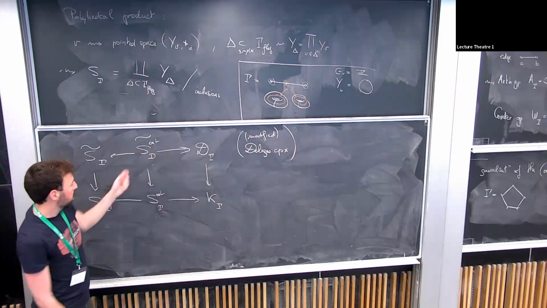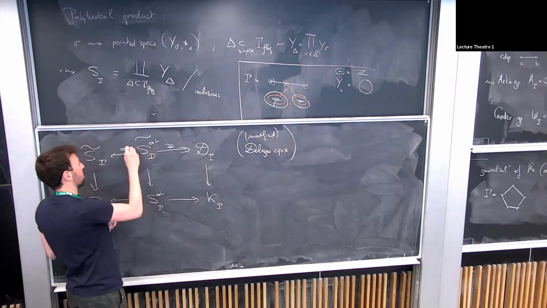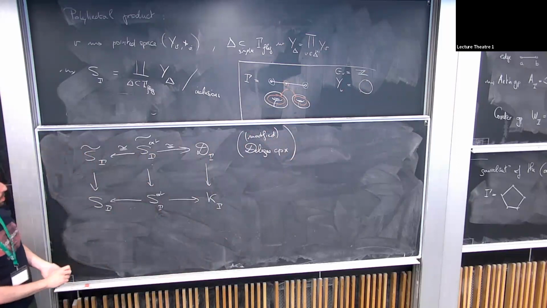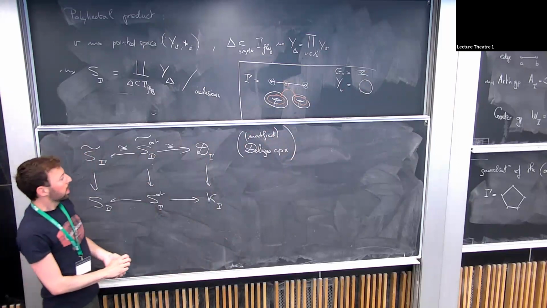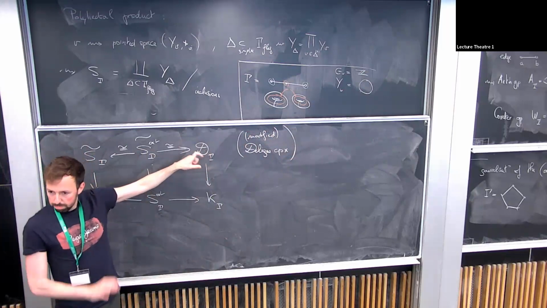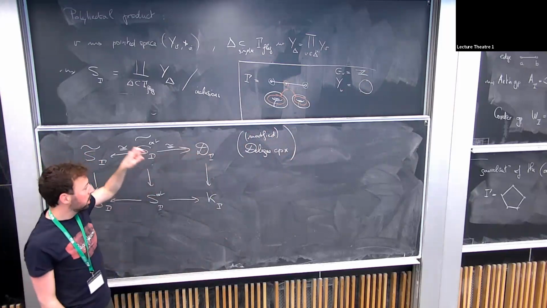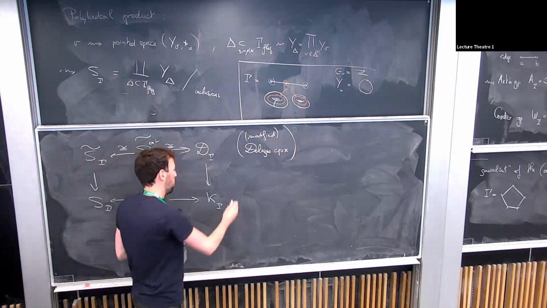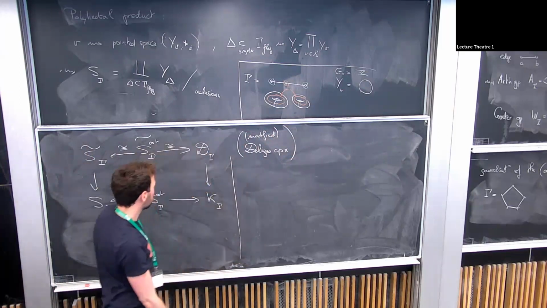And again, we still have all these equivalences above. Before, I said that the Davis building is always a right-angled building, which was really nice. It's no longer known, it's still conjectured.